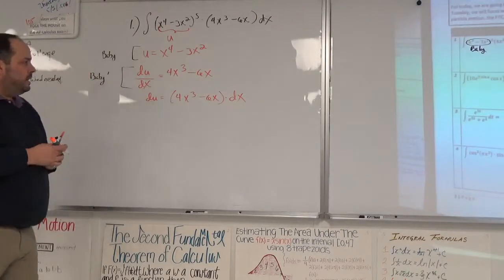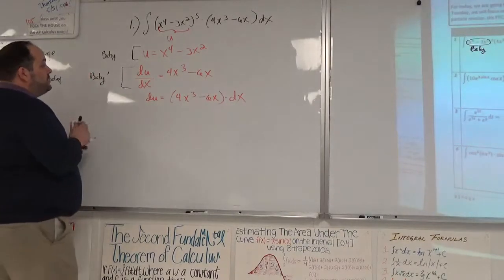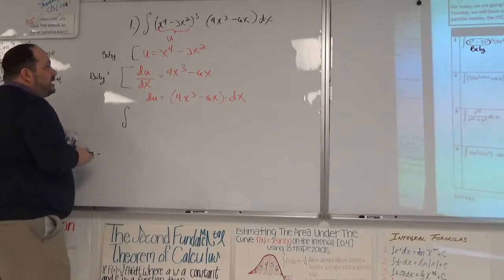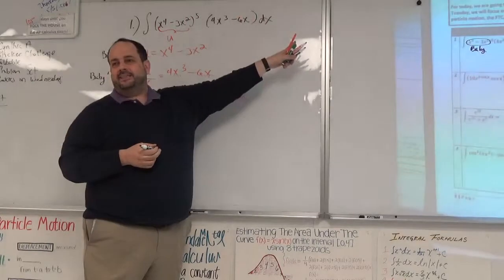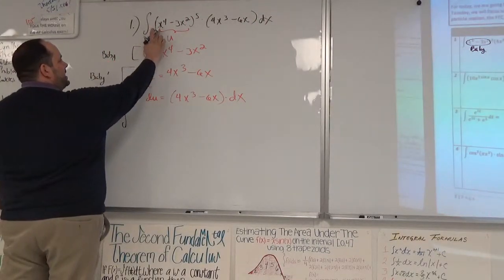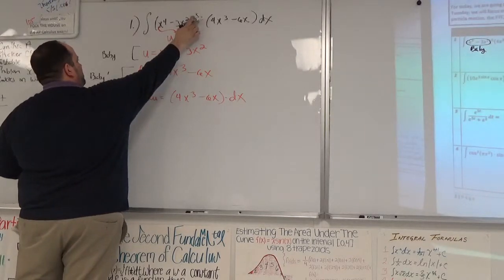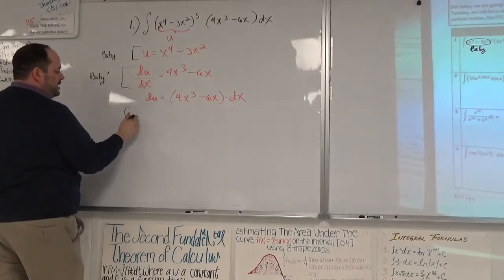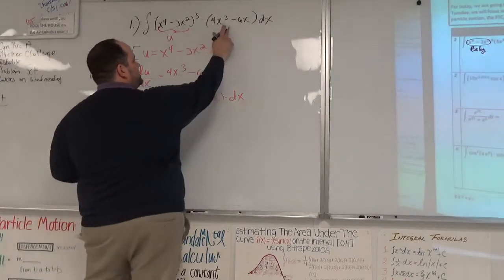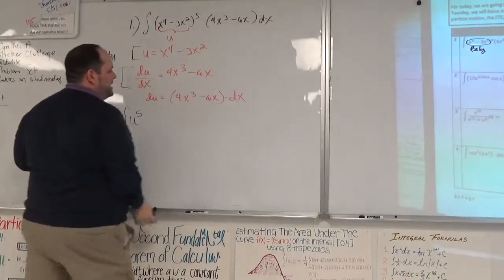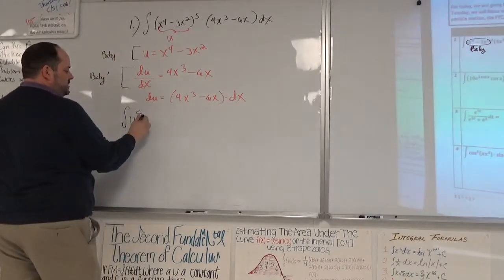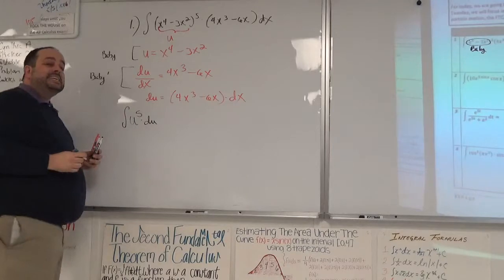What I'm going to do is rewrite the original integral without using the letter x. I want to use u instead. So look at this. I've got x to the fourth minus 3x squared to the fifth, but this is what we're calling u. I've got u to the fifth. I have 4x cubed minus 6x times dx, and that's du.